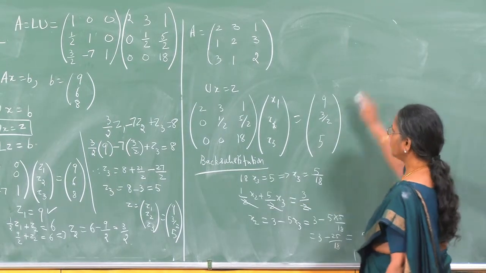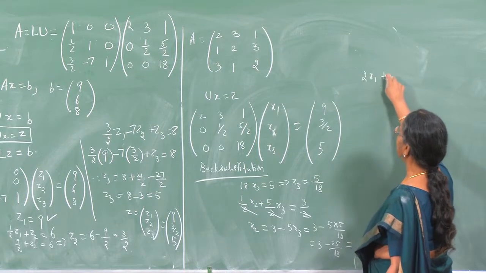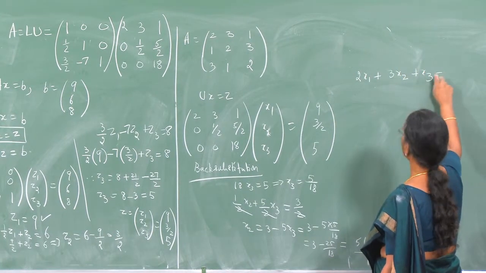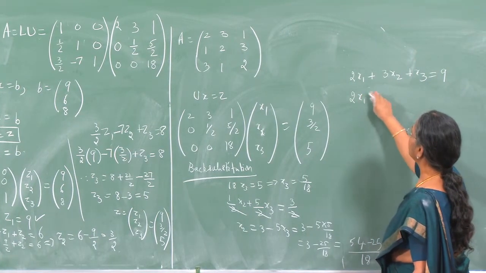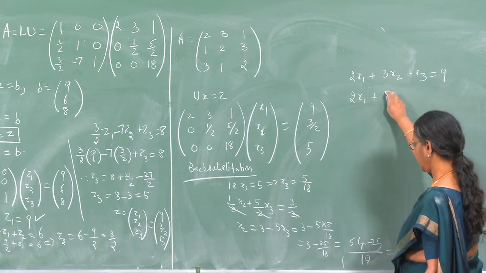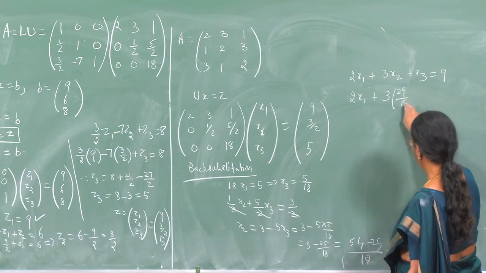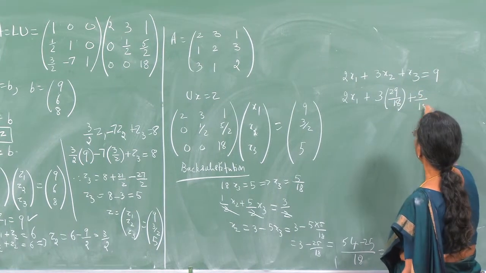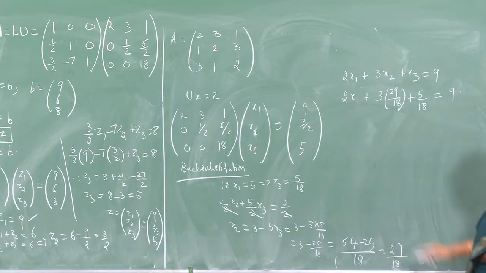Now that we have x2, we move to the first equation, which gives us 2 x1 plus 3 x2 plus x3 is 9. x1 is an unknown to be determined. So, 3 times x2 is 29/6, plus x3, which is 5/18, and this must be equal to 9.